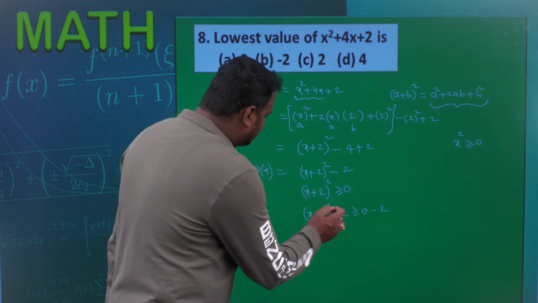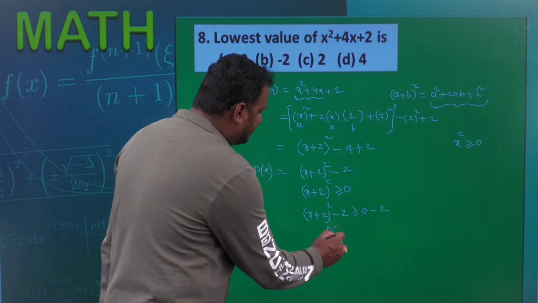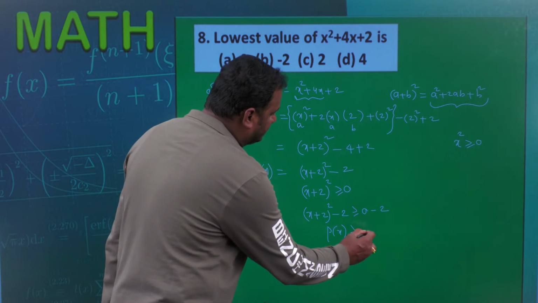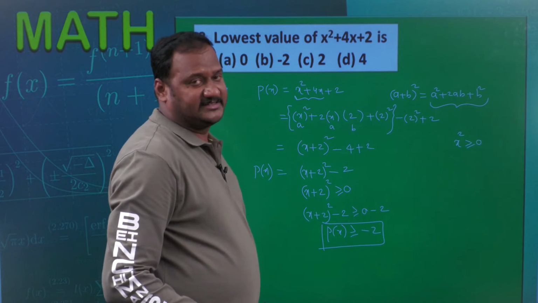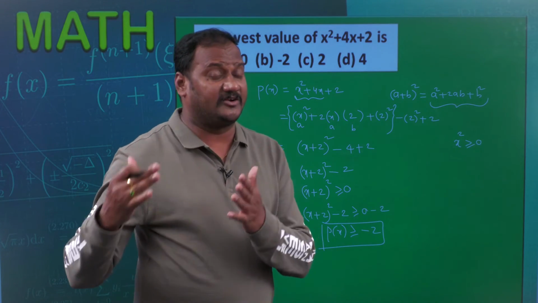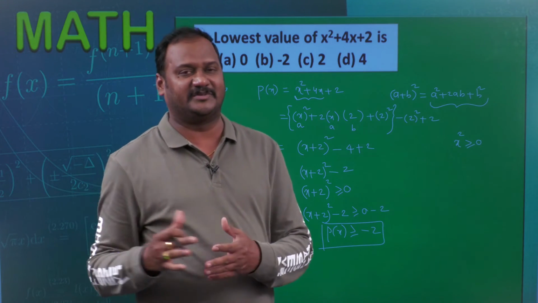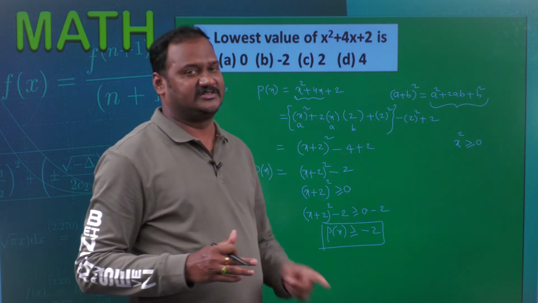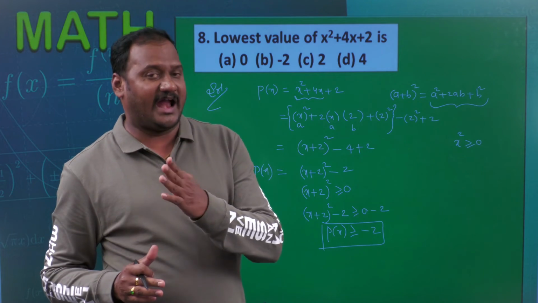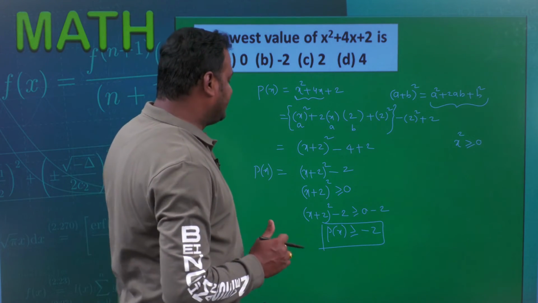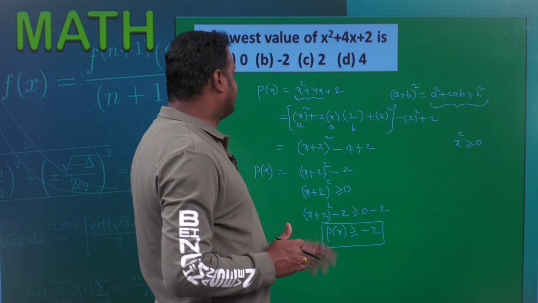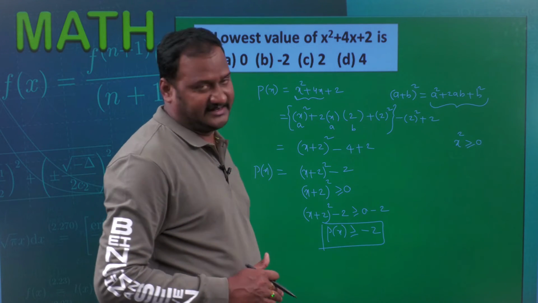So x plus 2 whole square minus 2 is nothing but p of x, which is greater than or equal to minus 2. So what do you mean by this? The value of p of x is always more than or equal to minus 2. More than or equal to minus 2 means what? This value starts from minus 2 and above, but not less than minus 2. So that is why the least value of p of x, the least value of the polynomial, is minus 2.